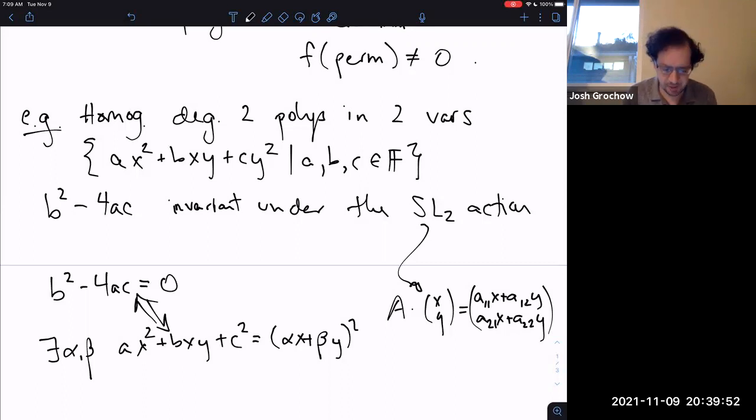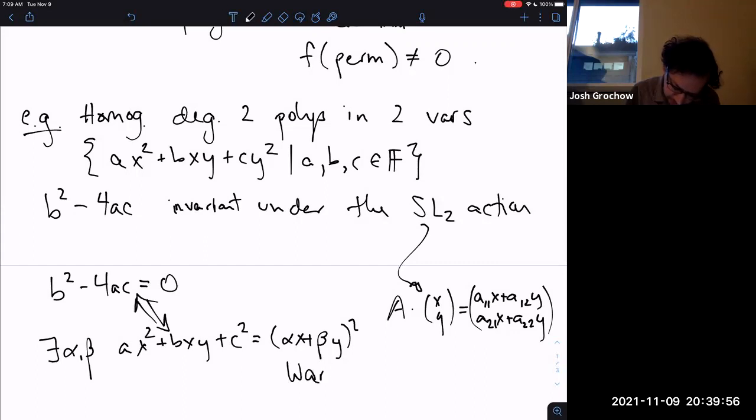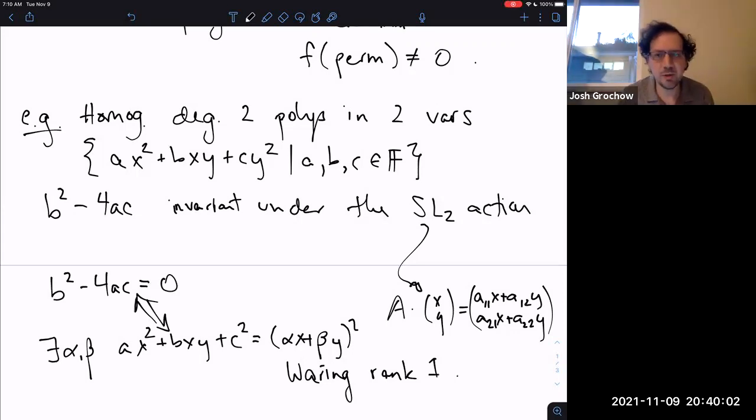And in the context of complexity, we would say this is Waring rank 1. Okay, so this is a very nice example, but this is a single invariant polynomial.